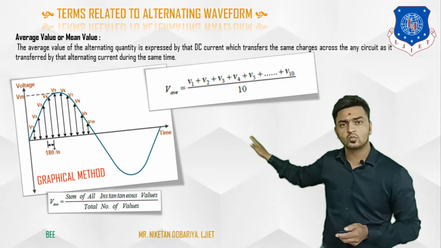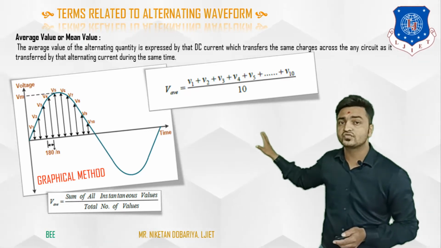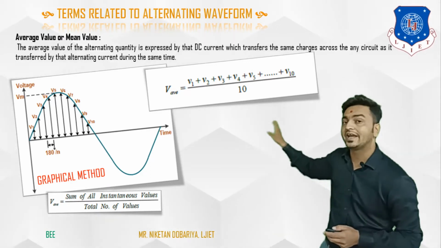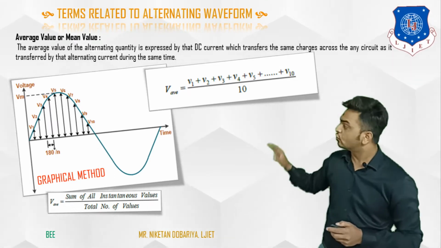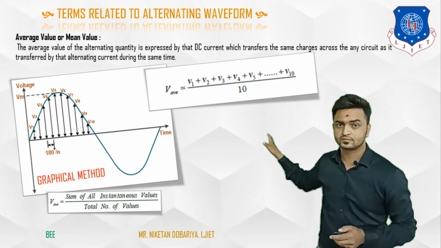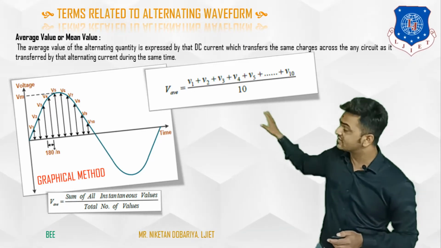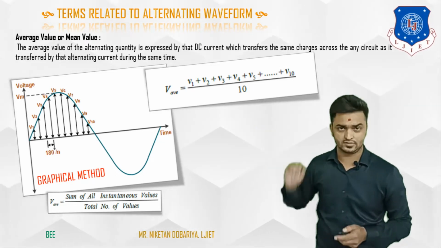In this diagram, we have divided the positive cycle into 10 parts, and we have considered those 10 points over the positive cycle and their instantaneous values, as shown in the diagram: V1, V2, V3 up to V10.